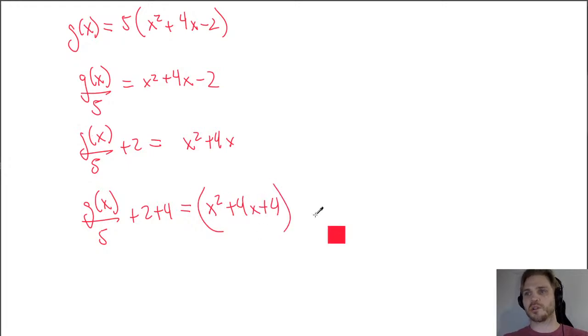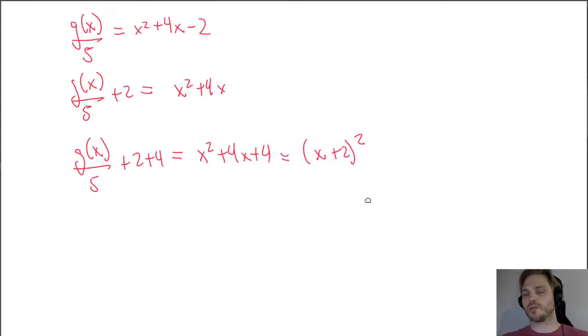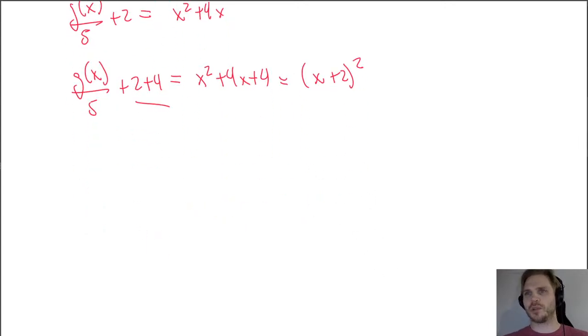This is a perfect square right there. This is the same as x plus 2 squared. I'm going to combine the like terms there. So g of x over 5 plus 6 equals x plus 2 squared.